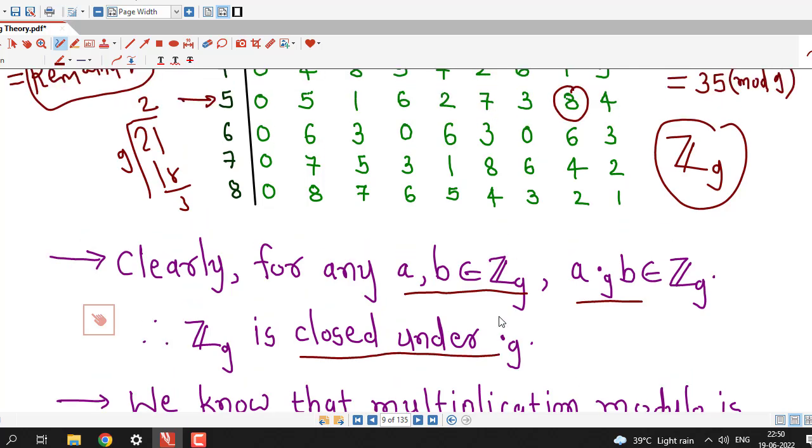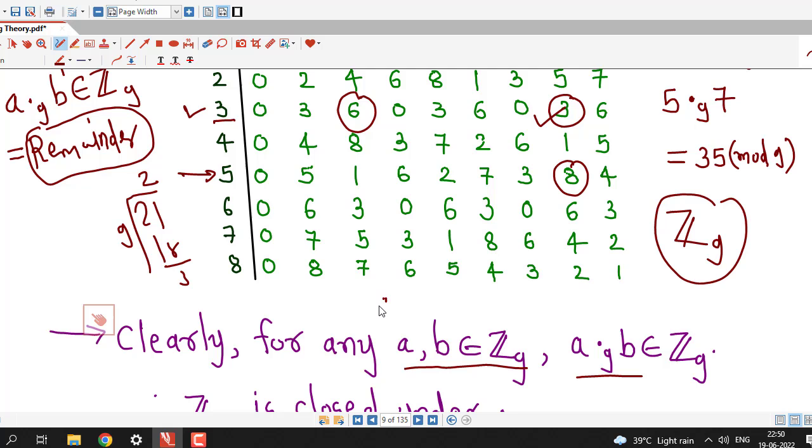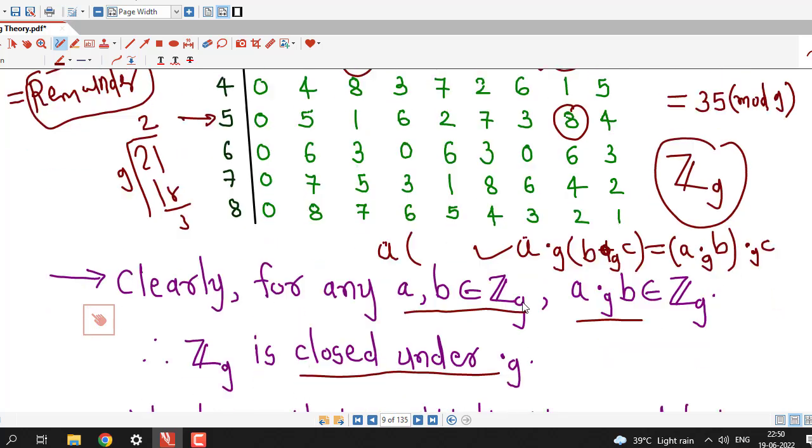Now we have to check the second property, which is associative. That is, we have to show that (a multiplication modulo 9 b) multiplication modulo 9 c, and if we change the grouping a, (b and c), then this must be equal.